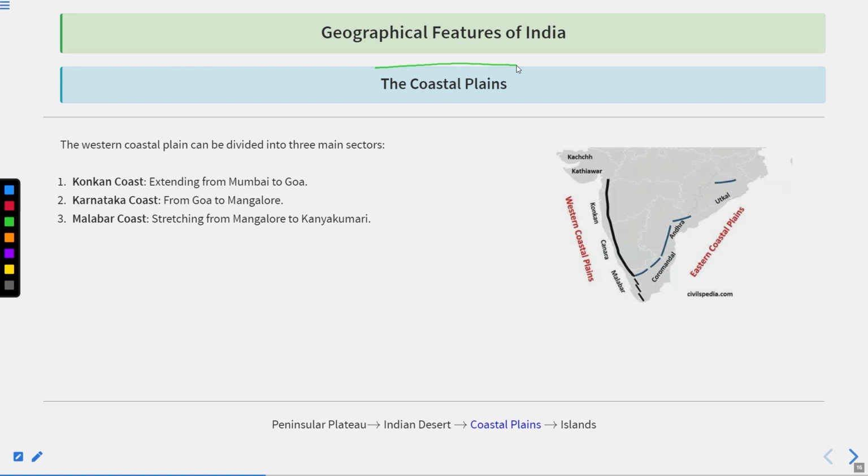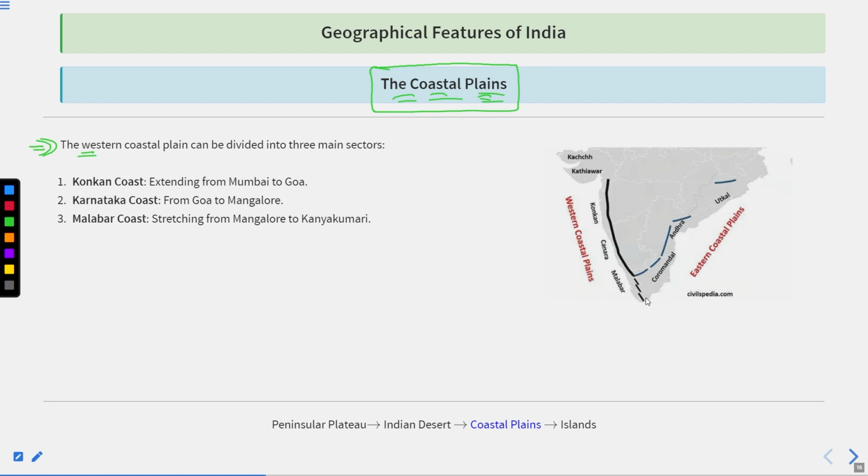After this, the other division that we have is the coastal plain. So the western coastal plain can be divided into three main sectors. Remember, coastal plain is this portion, and the black strip that you are seeing over here is the Western Ghats, which is part of the Deccan Plateau.